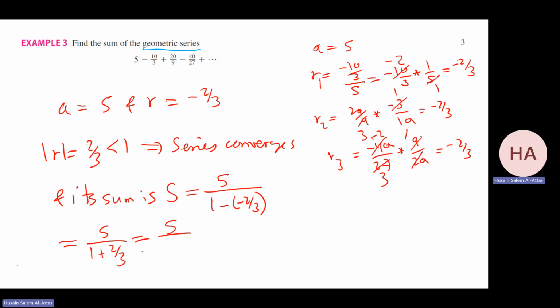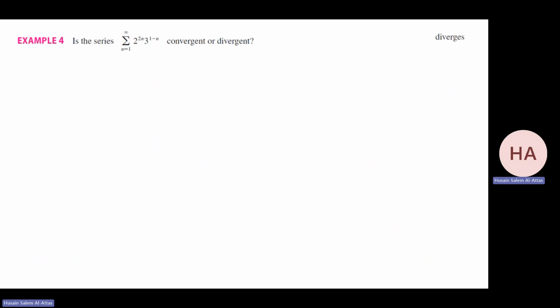That will be 5 over 5/3, which is 5 times 3 over 5, which is 3. So that is the sum, and that is the answer. Yes, correct.